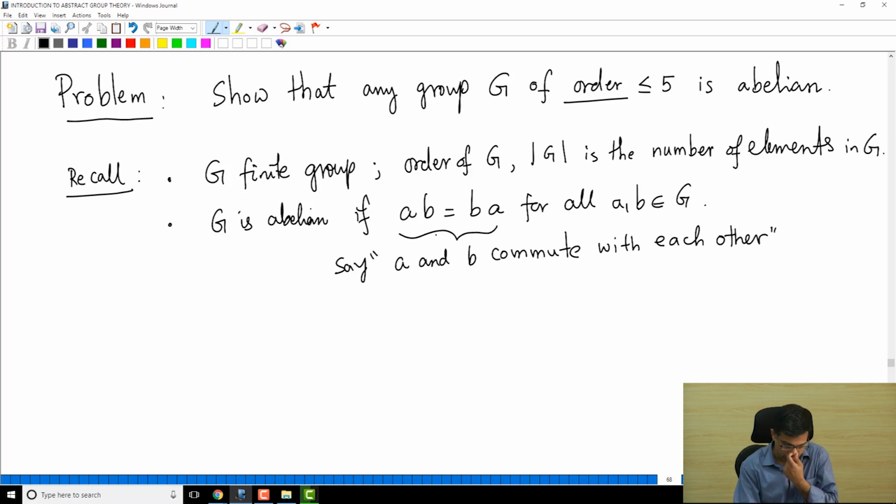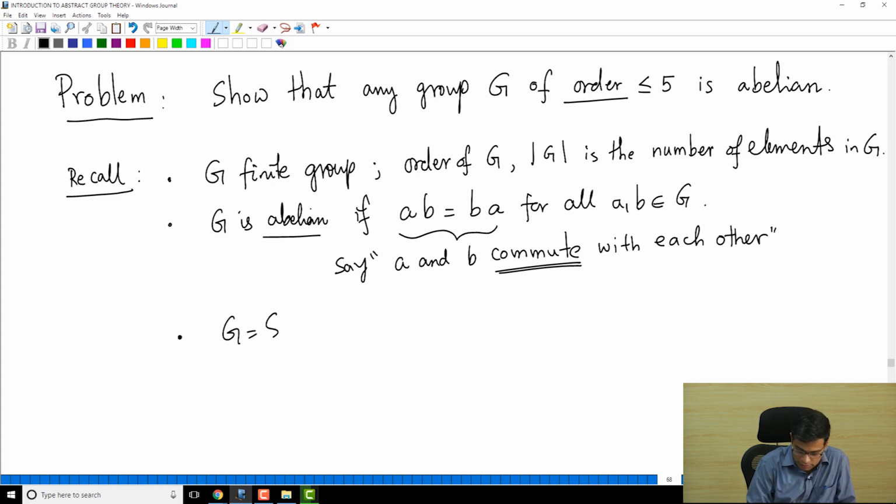The symbol AB equals BA in words means that A and B commute with each other, which is to say that the order in which we multiply them is irrelevant for the final answer. So, G is abelian if every pair of elements in the group commute with each other, and this is a property that groups have, and not every group is abelian. That also I want to recall before we get to solving this problem.